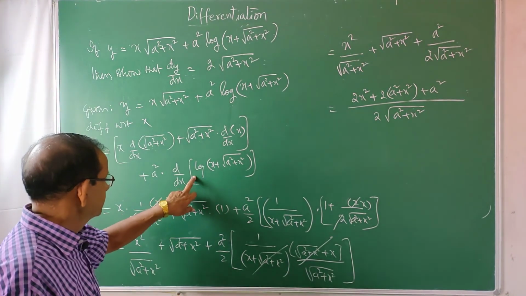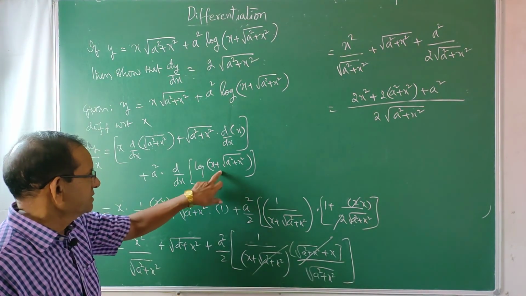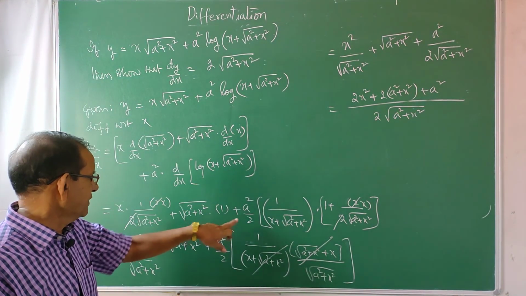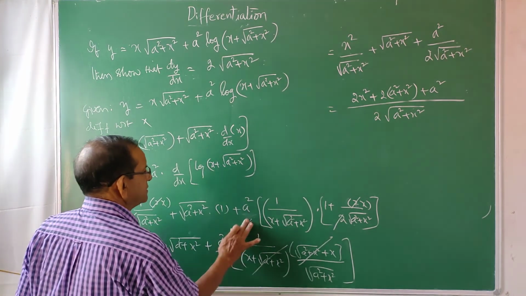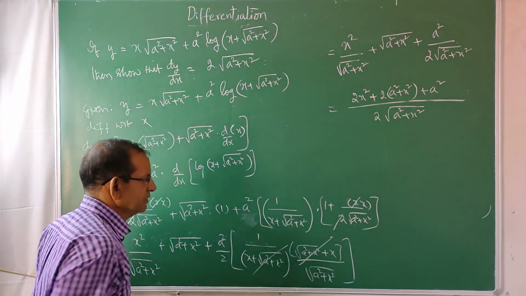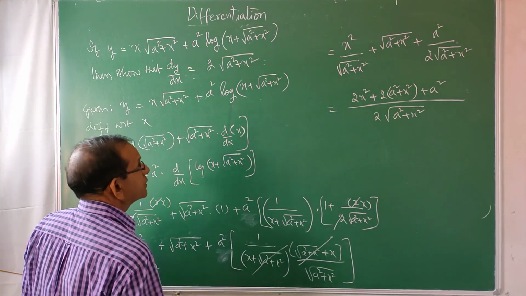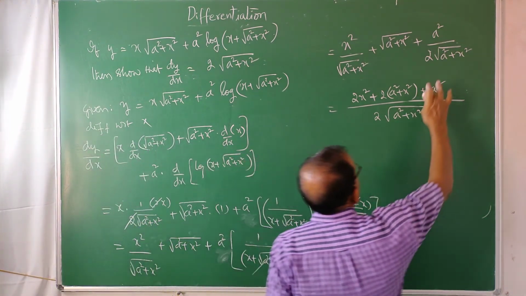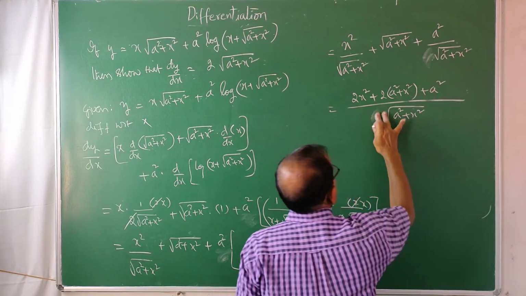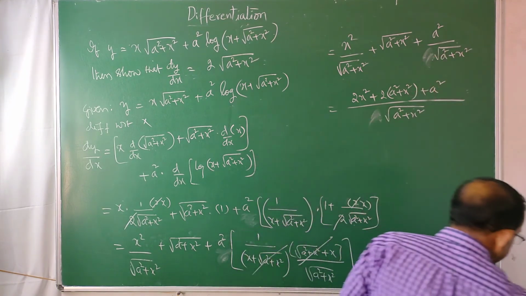Here a mistake happened. While differentiating this one, log of f(x) derivative is 1 by f(x) only. By mistake we wrote this 2, a square into 1 by x plus root of a square plus x square. Here you don't write 2. So here you won't get this 2. So only root of a square plus x square.